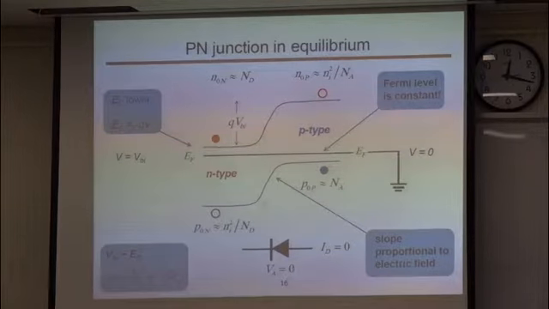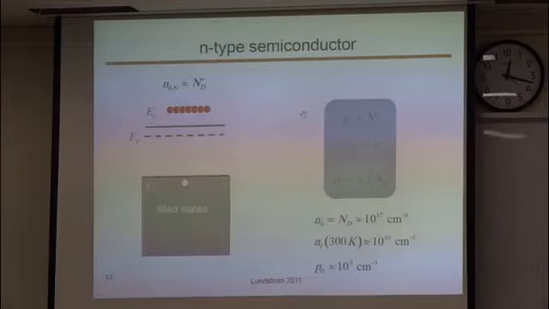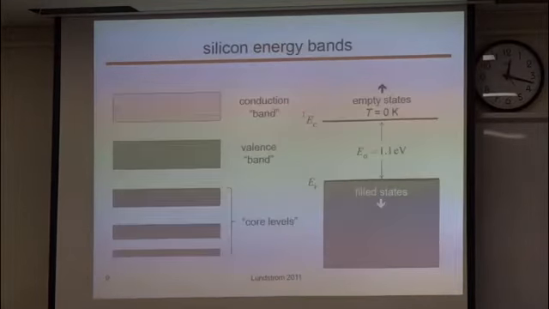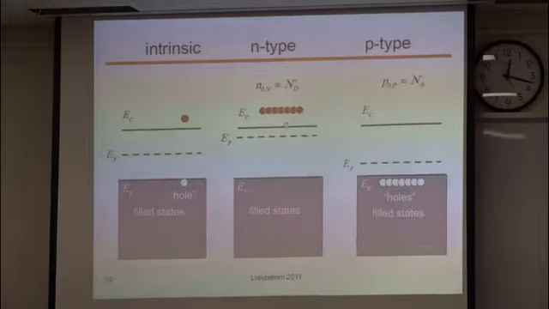But in the p-n junction, since the energy diagram is different, you can see the Fermi energy level is different between N-type and P-type, right?